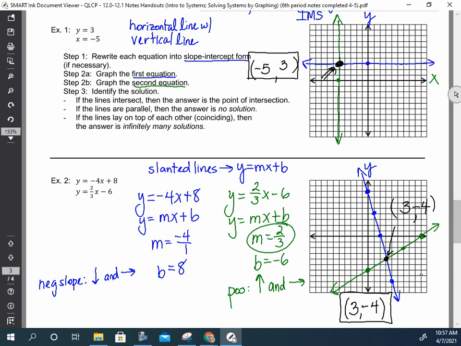So just like we did on Monday, if you want to know if you got the correct answer, take 3 and -4, plug it into the equations that you started with, and they should match. If they don't match, then it's not right. Any questions, 1 or 2?